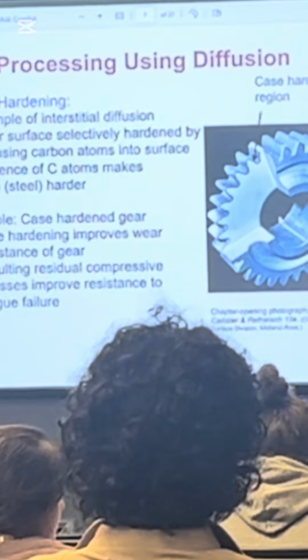You can see here an example of a gear that was subjected to case hardening. It looks darker on the outside. The reason that it looks darker is because there's high concentration of carbon at the surface. And once it was cut, you can actually see the skin layer. So that's how far carbon diffused, and it changed the properties.